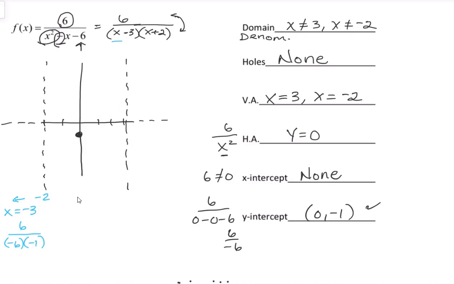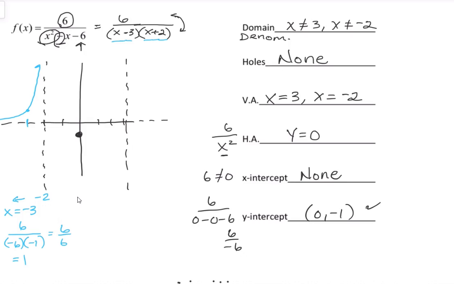I'm plugging into this factored form of my function just because the arithmetic is easier. So that gives me 6 over 6, which gives me a y value of 1. If I plot (-3, 1), I know now that that branch is above the x-axis.